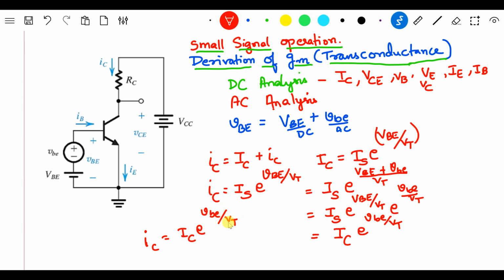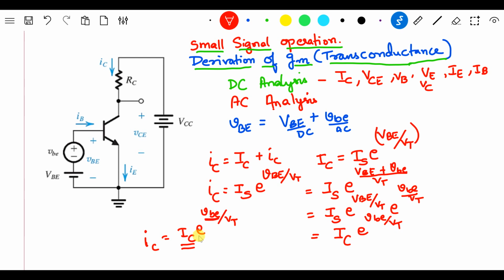Now if you see this, your instantaneous collector current is completely dependent on the DC current IC and the small signal voltage which is applied, small vb. This is how a small signal operation can vary the instantaneous collector current exponentially.